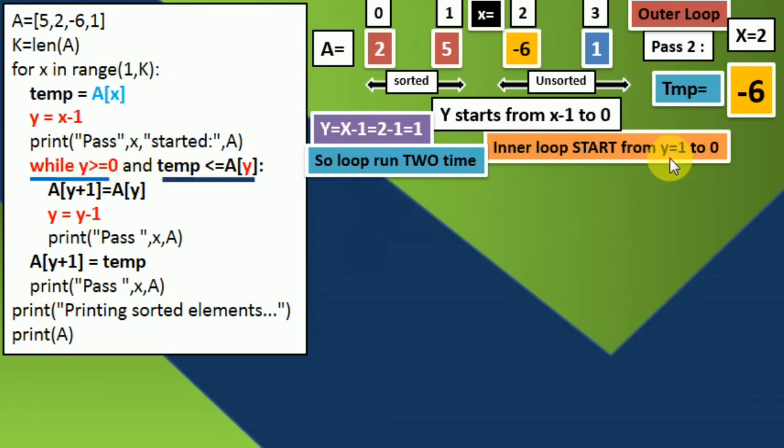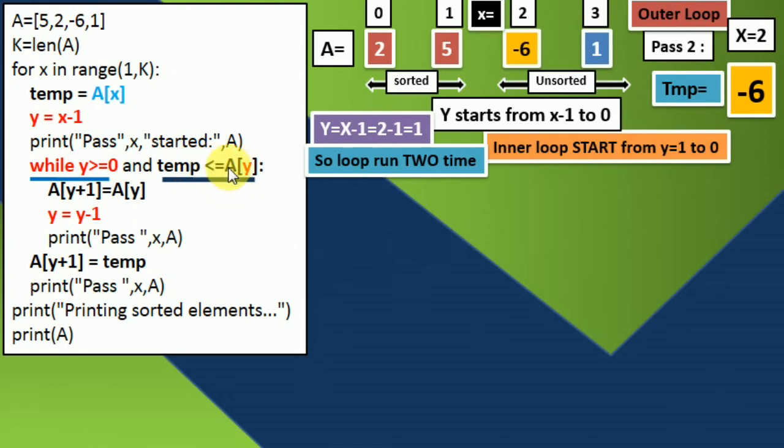Second time the value of y is going to be 0. Each time the while loop executes, first time y equals 1 and second time y is going to be 0. At the same time, this condition is also going to be executed.